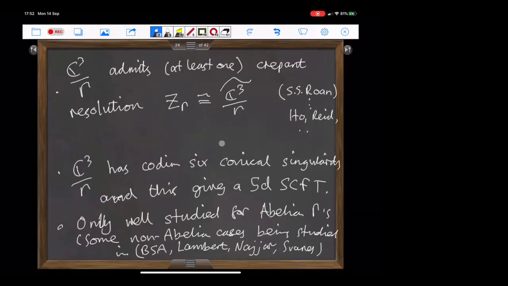Now, let's talk about the 5-dimensional theory a bit. So C3 mod gamma, so we know from work of Roan, Ito, Reid, many others, that for all gamma, there is a classification of finite subgroups of SU3 and G2 as well.